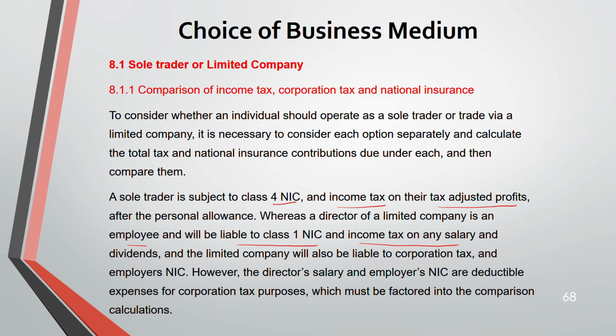And the limited company will be liable to corporation tax and employer's NIC. But the director's salary and the employer's NIC are deductible expenses for corporation tax. That means while calculating corporation tax, you can deduct these as an expense.